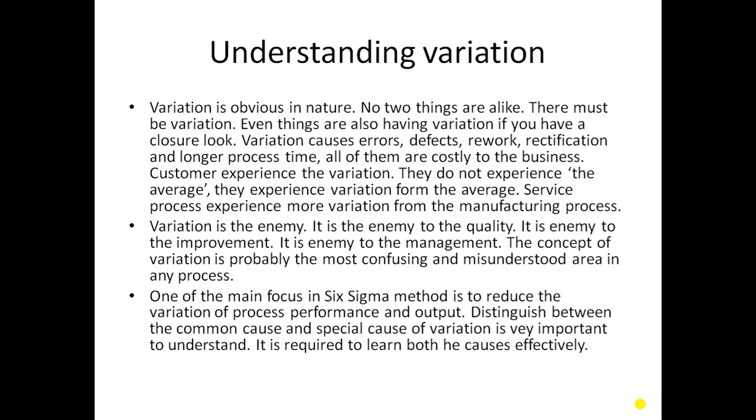Now while we are talking about process variation, it is a very interesting and very important concept to understand, because any two similar components must have some variation. We can take the example of the cap of a pen.